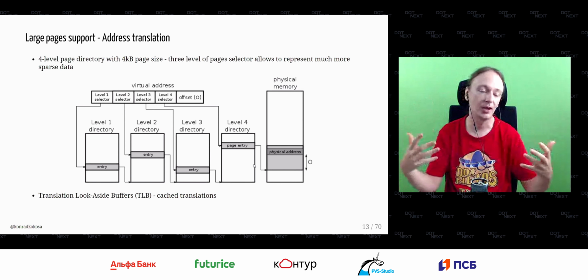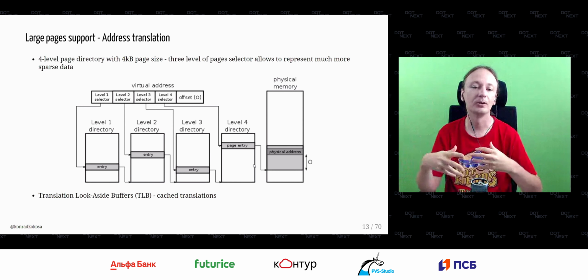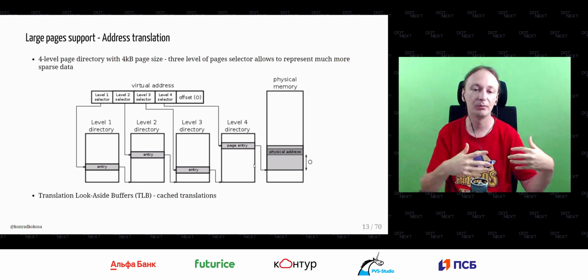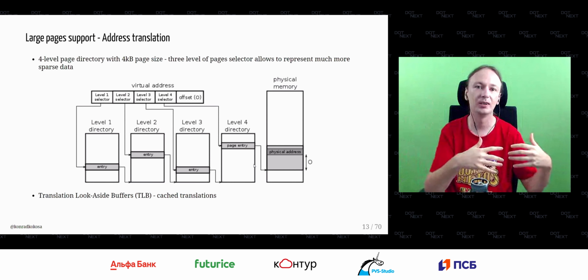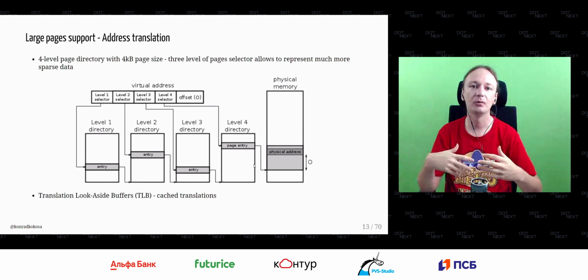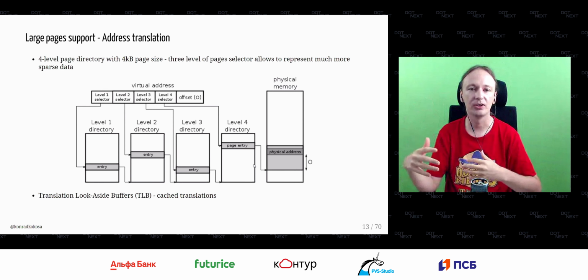some caches, because caching is a good solution for many problems. So we have so-called translation look-aside buffers, which means we are somehow caching the previously made translations, and it helps us because we don't need to translate some recently used addresses, because we have cached responses.